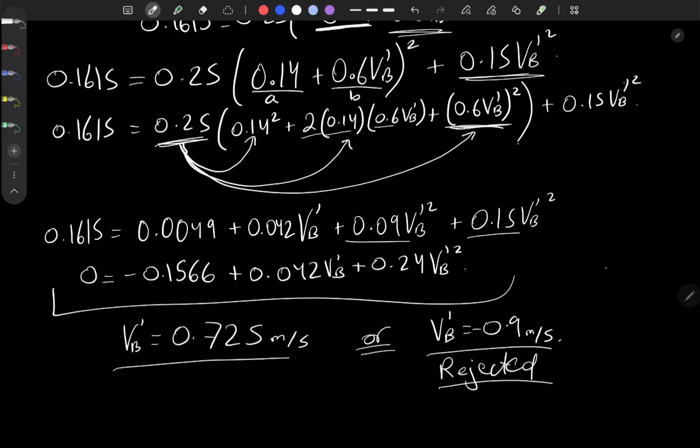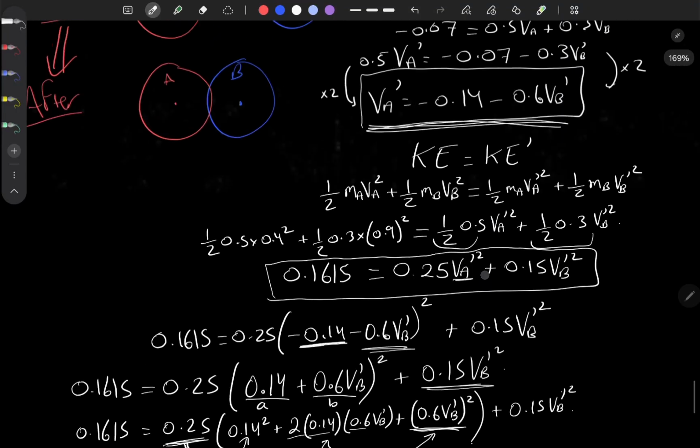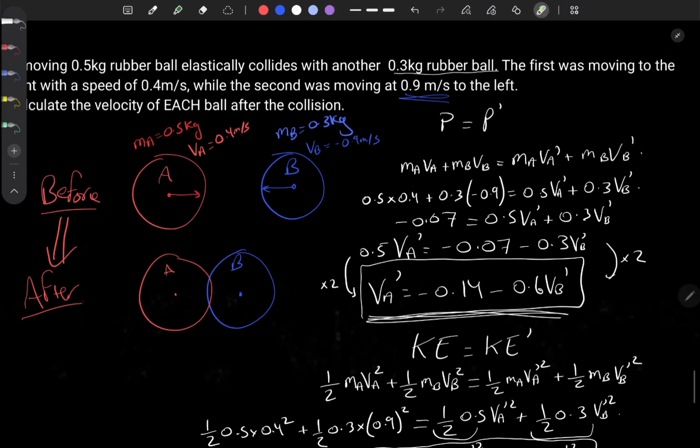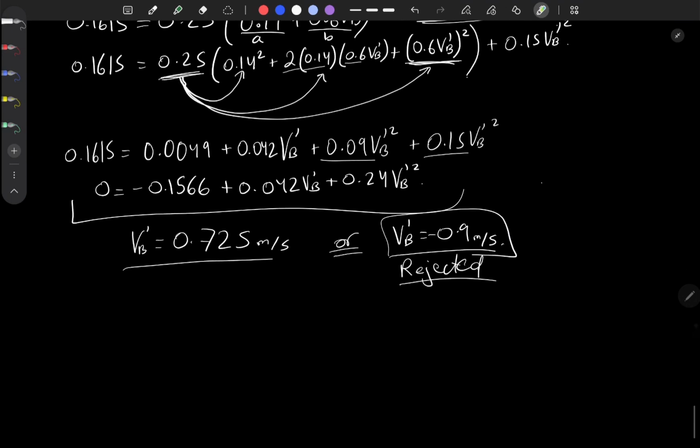And the reason for that is, look at v_b. If we go back and check what we had as v_b, the velocity before the collision, it's negative 0.9. So it's not possible that the velocity of the object after the collision is going to be equal to the velocity of the object before the collision.